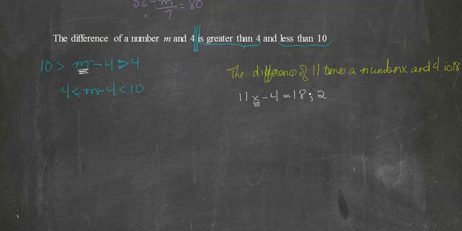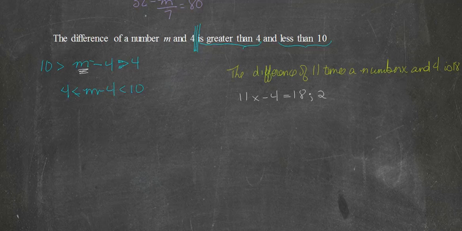But in this case, I have equals 18, which means that I can figure out what a number x is. So we want to evaluate by plugging in this 2 for the x. What we're trying to find out, this shorthand means, is 2 a solution to this equation?